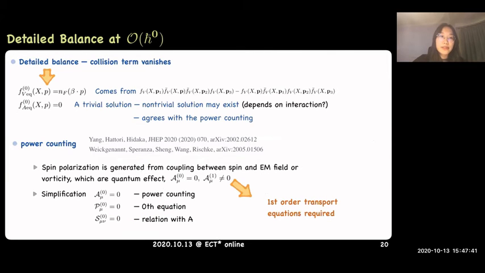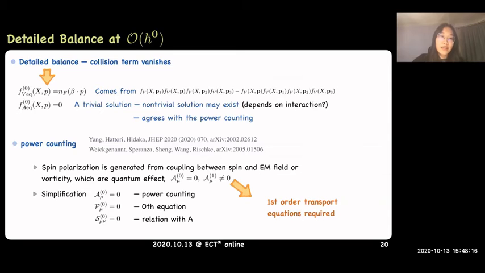We then can derive the equilibrium distribution from the detailed balance at the classical level, where the number density distribution function is just the Fermi-Dirac distribution function. The derivation comes just from the textbook calculation. And for the axial charge distribution function, we have found only a trivial solution, that at classical level, there's no axial charge distribution function.